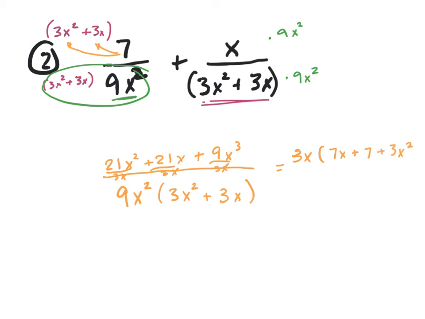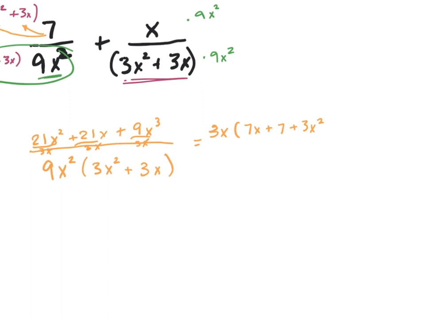Now I'll rewrite this in standard form in a second. Out of the denominator, I can divide out a 3x here. So I have 9x squared times 3x times x plus 1.